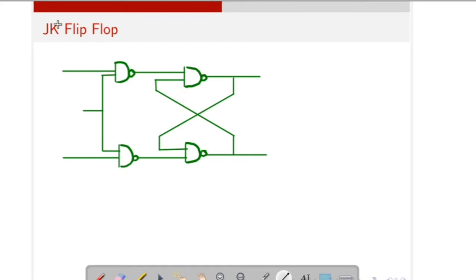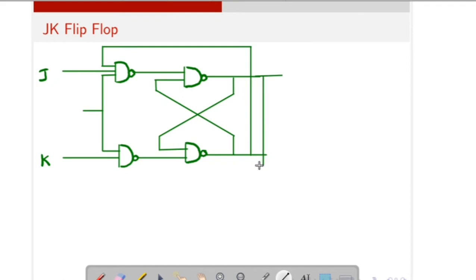Then for JK flip-flop, these two inputs are J and K. Then one more input for these two NAND gates. For this NAND gate, the third input is feedback from Q bar.